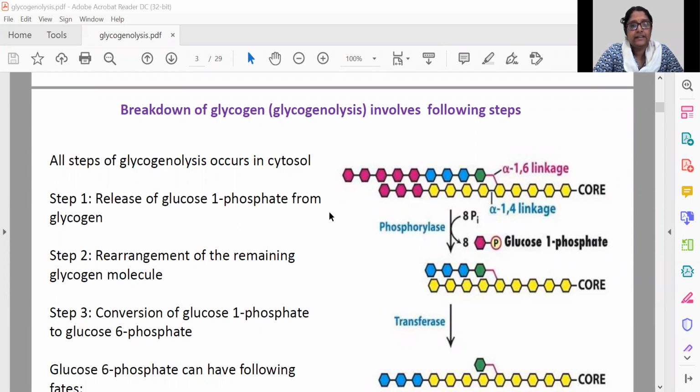So look at the pink colored molecules, like this one, this 3 pink and this 4 and 5 yellows together is one glycogen chain. There is an alpha 1,6 linkage and to another chain, and this is all the same glycogen molecule. So these two alpha 1,4 chains are linked by an alpha 1,6 linkage.